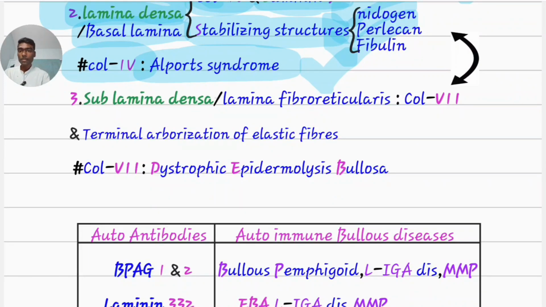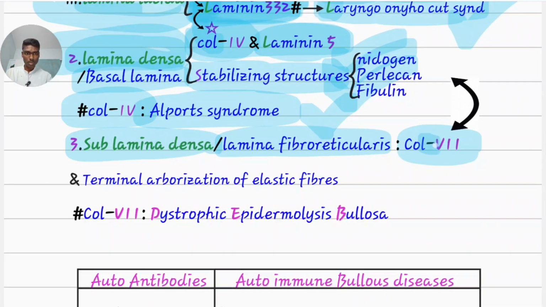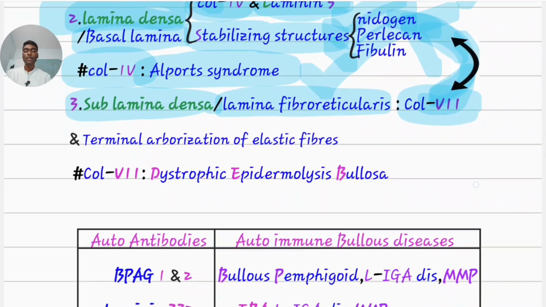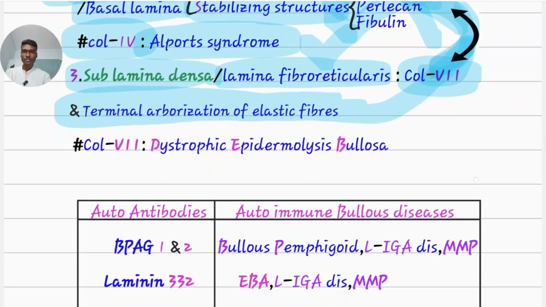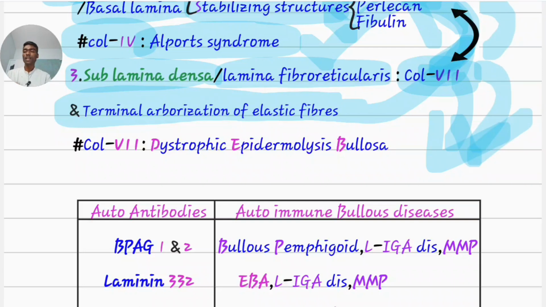Next, sublamina densa, also known as lamina fibroreticularis. Its main component is collagen 7. We have seen collagen 7 anchors to the above structure, lamina densa, and below it anchors to elastic fibers and interstitial collagen of papillary dermis, connecting lamina densa with papillary dermis ultimately.